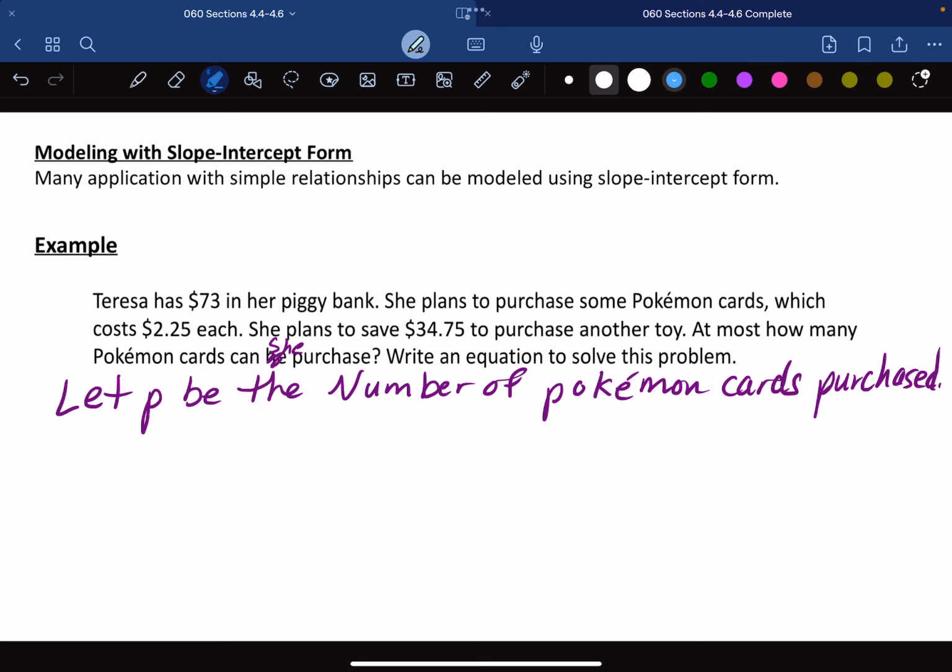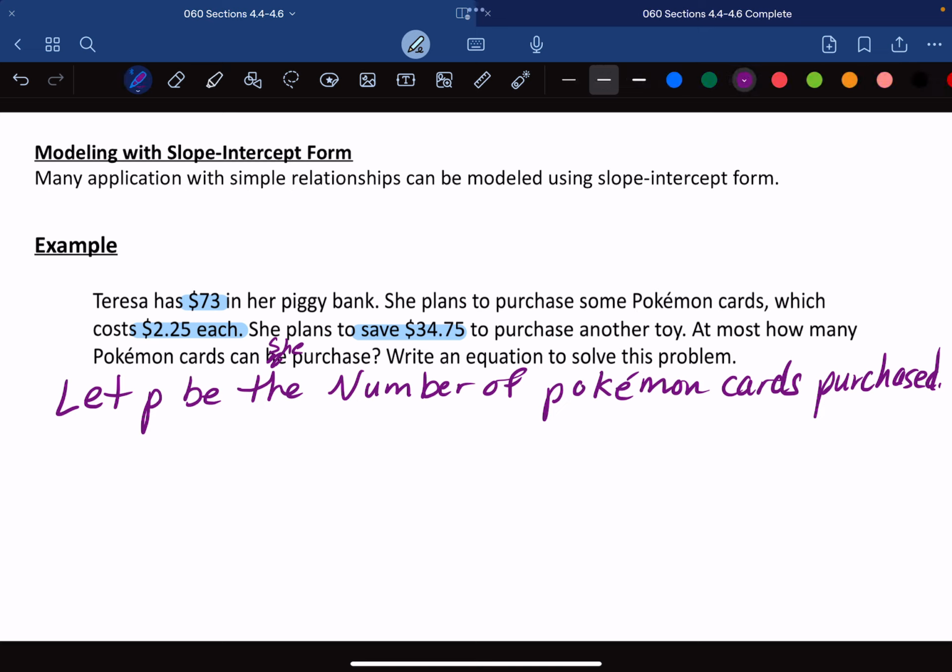And then I'm going to highlight some important information. We have the $73 that she has total, and the $2.25 per card, and then the amount she wants to save for the other toy.